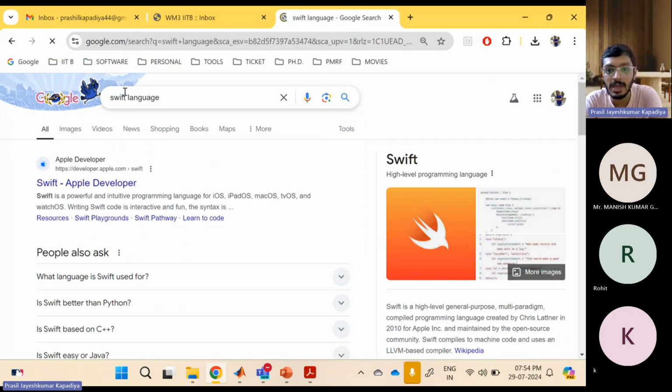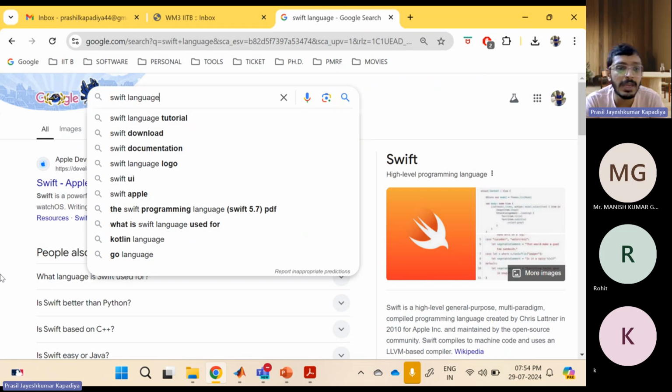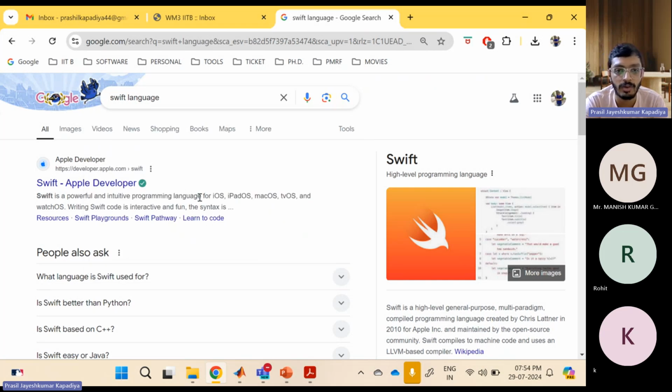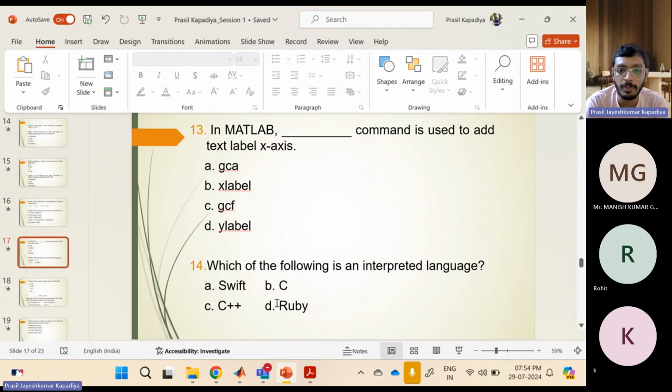I guess that was developed in Japan, and this is a compiled language, mainly for the iOS operating system. So our answer for this question will be Ruby, that is the interpreted language.